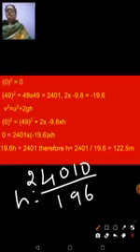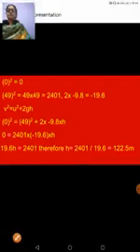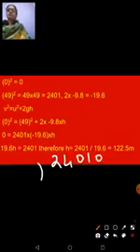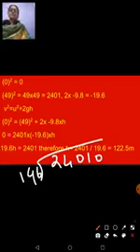So 196, I'll show you the division if you want. 24010 divided by 196. 196 multiplied by 2 will give you 392. So you have to take 1s because it's 240 here.